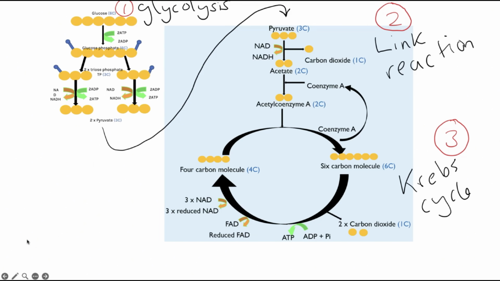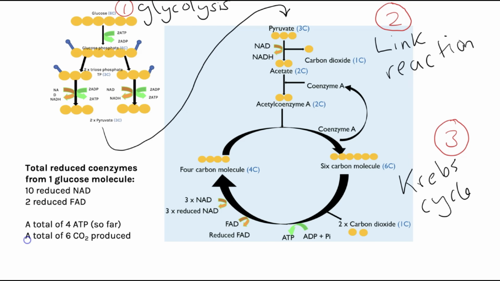So if we have a look at everything we've made so far then, we have got in total from glycolysis, link reaction, and Krebs cycle, 10 reduced NAD, because we had 6 made here, 2 made here, and 2 made here, taking into account how many times each of these processes occurs. We have 2 reduced FAD from the 2 lots of the Krebs cycle.